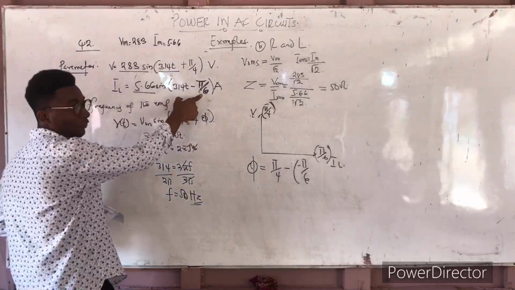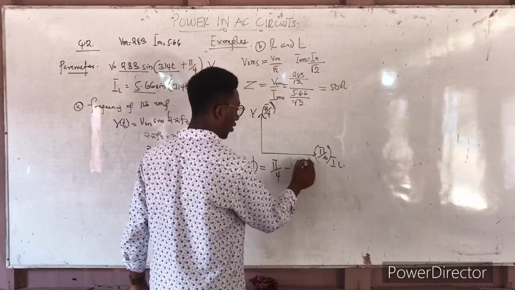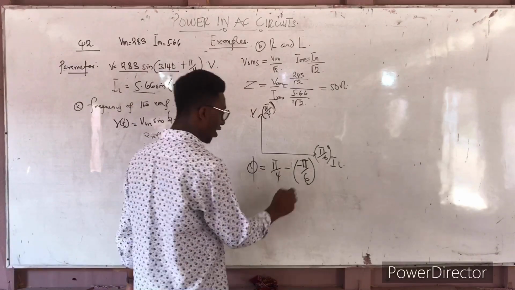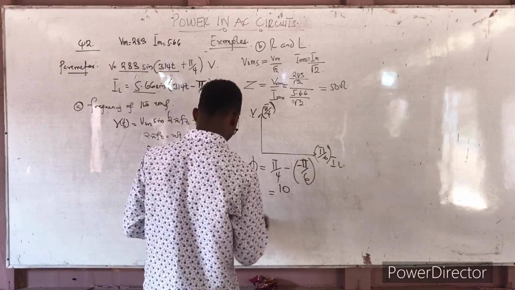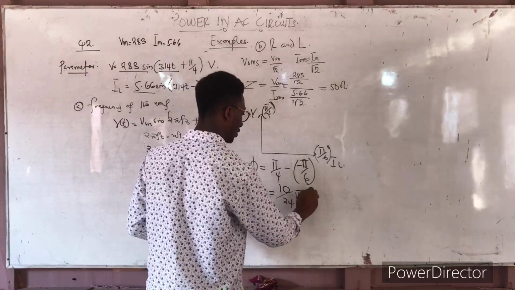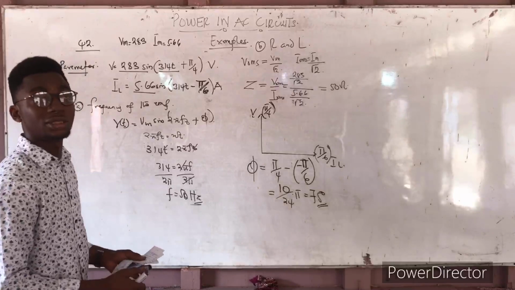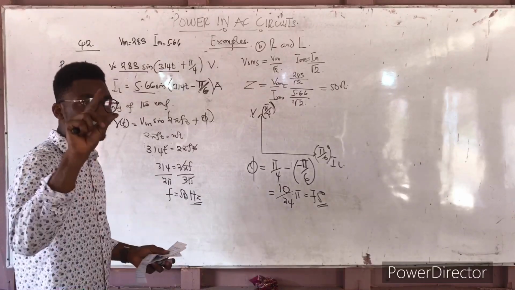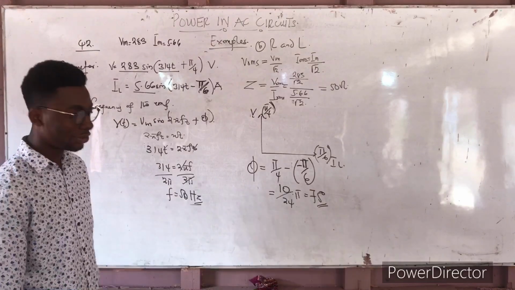The value for the phase angle here was negative, so negative pi on 6. And that will give you 10 on 24 pi, which is equal to 75 degrees.